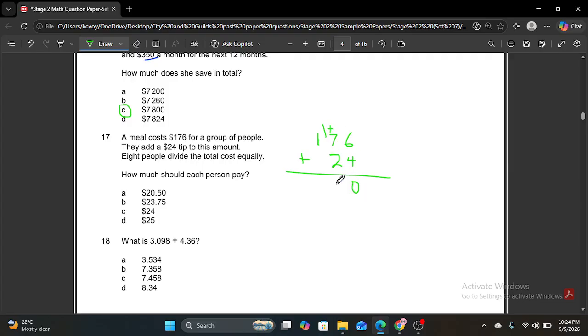So 8 plus 2, that's 10. Plus 1, so 1 plus 1, that's 2. So that's $200. So since it's $200, now we divide it by the 8 persons. So quickly, 200 divided by 8.